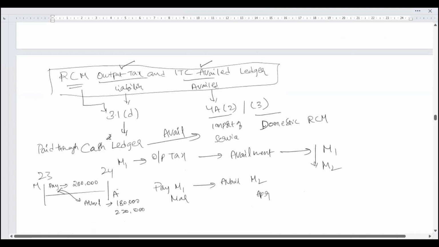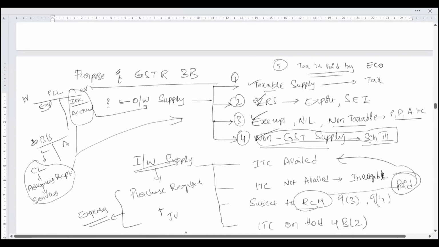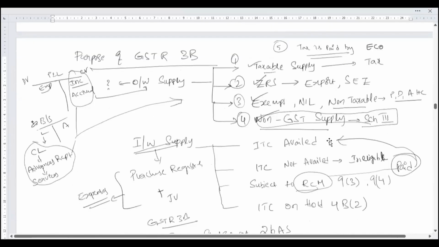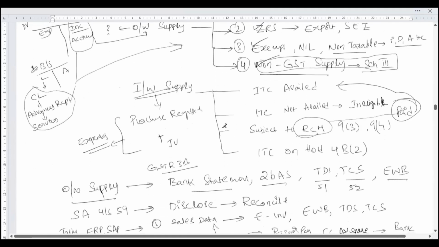This is my automation with respect to reverse charge mechanism. Coming back to where we started, we have understood output tax and reverse charge mechanism. Now we will go back to input tax credit.